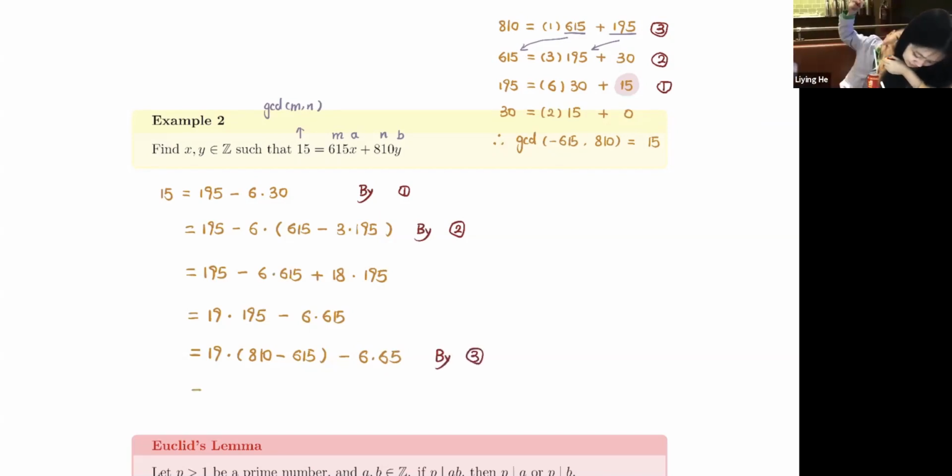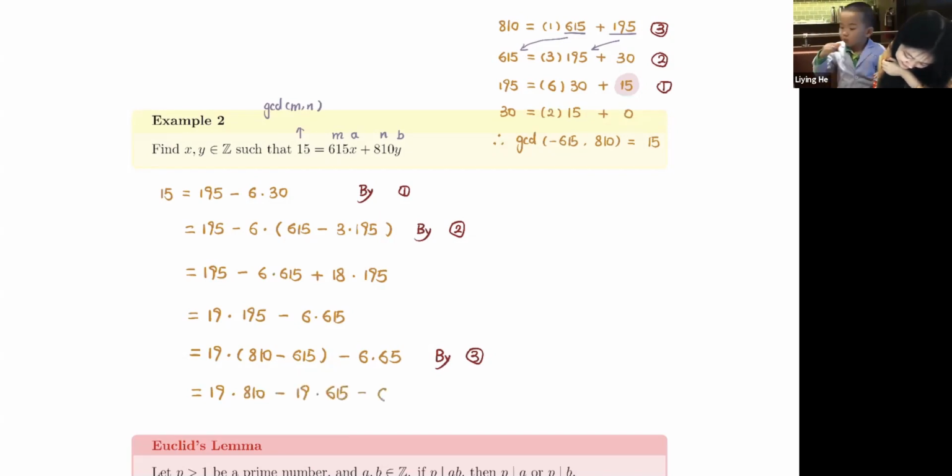And this will give you 19 times 810 minus 19 times 615 minus 6 times, well, I wrote 65 with 615. And you collect those two like terms.